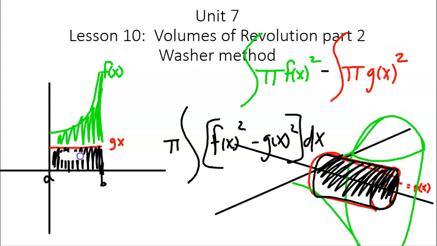It's for finding the volume of a solid that has some distance between the shaded region and the axis you're rotating around, because if you were to rotate this green section here around the x-axis, there's going to be a hole in it, and that hole is equal to the volume that G would have traced out if we traced it around there. So anytime your shaded region is distanced away from your axis of rotation, you're going to have a washer method.